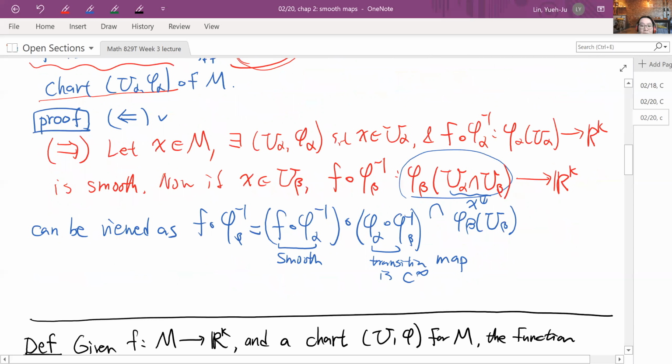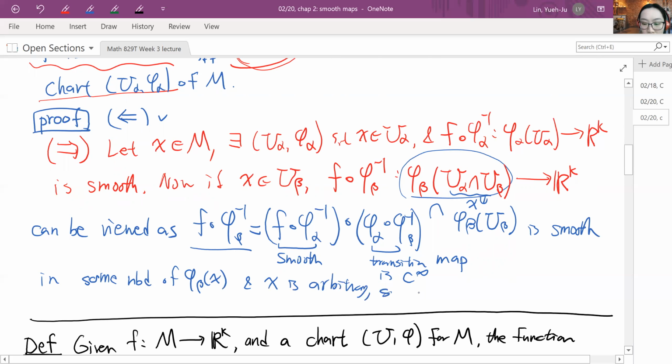Those two maps are both smooth functions from some Rn to Rk, for example. So we know that this new function F composed phi beta inverse is going to be smooth in some neighborhood of this point. And X is arbitrary.